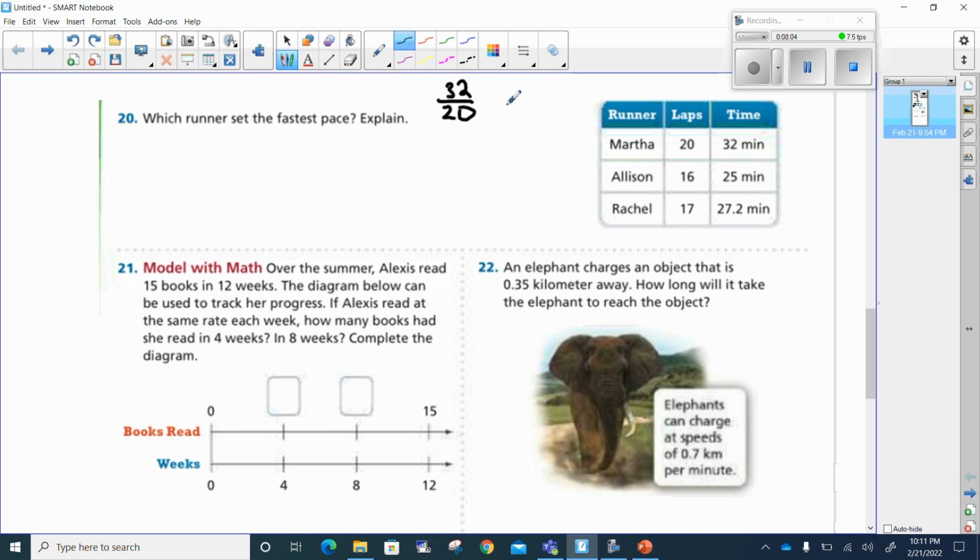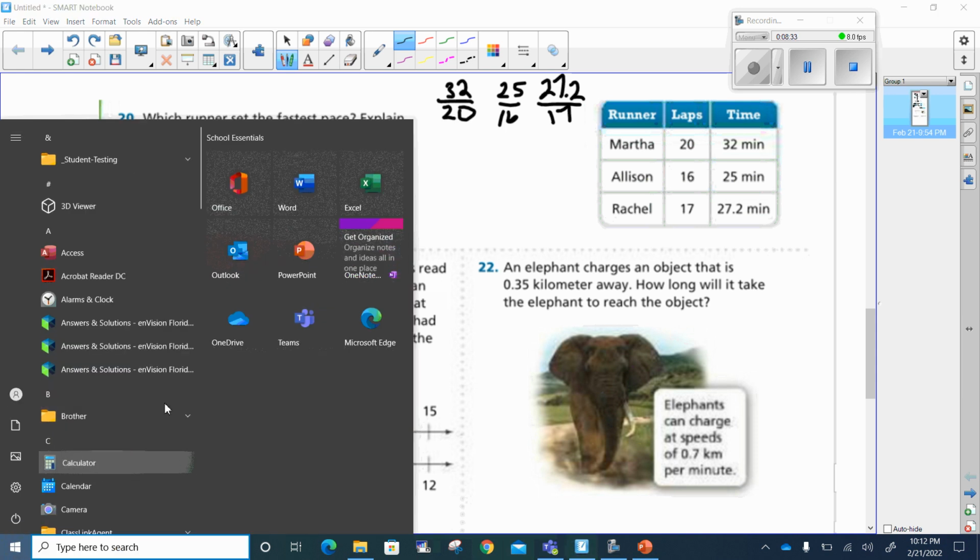For Allison, it would be 25 in 16 minutes. That's 25 divided by 16. The last one is Rachel, and that's 27.2 minutes and 17 laps. All right, so let's go ahead and use the calculator for these so I can do it a little quicker.